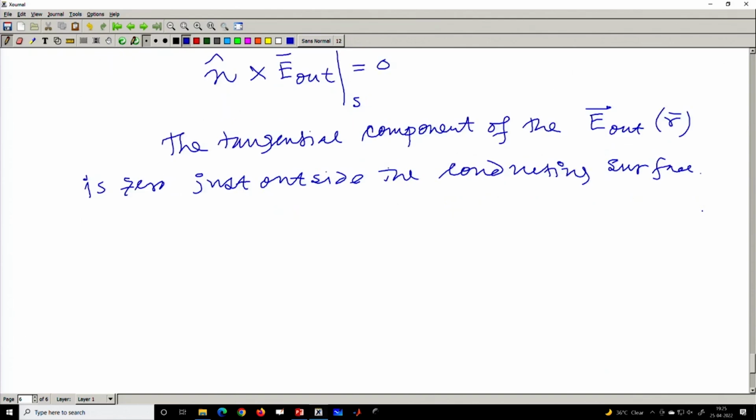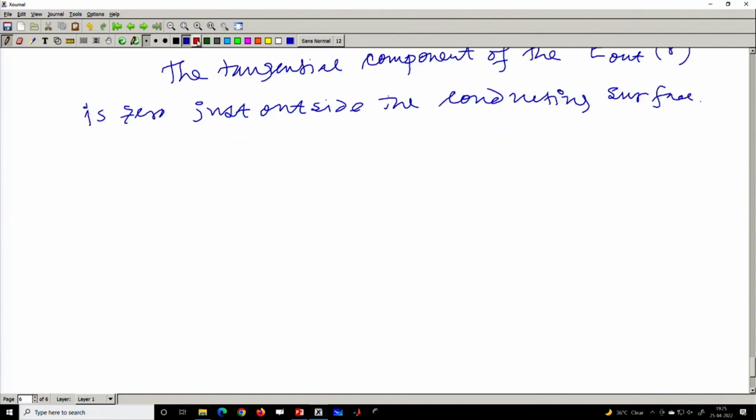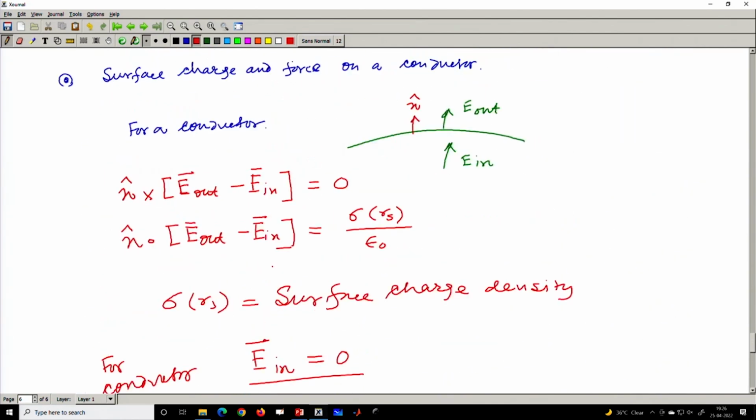But another equation I still have: n dot E out is how much? It is sigma at R s divided by epsilon 0, as E in is 0 here. Whatever E in is, that has to be 0 for a conductor.